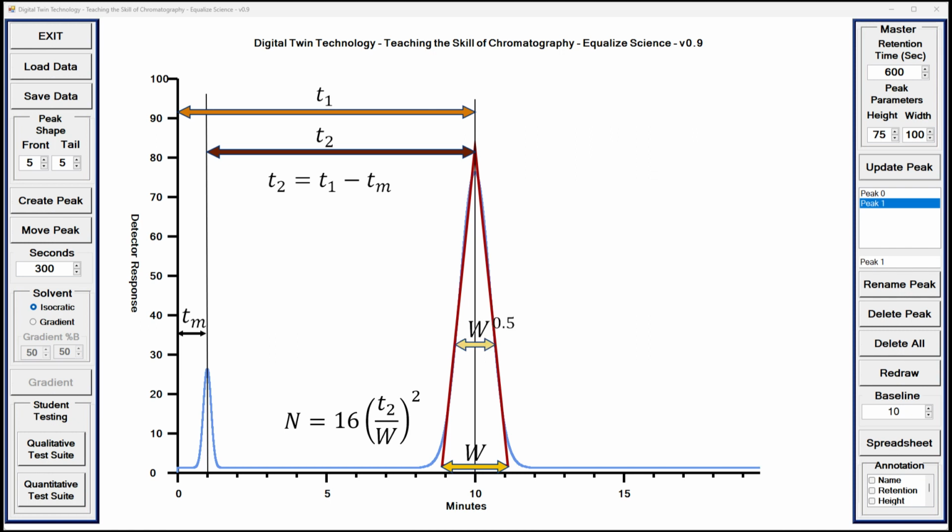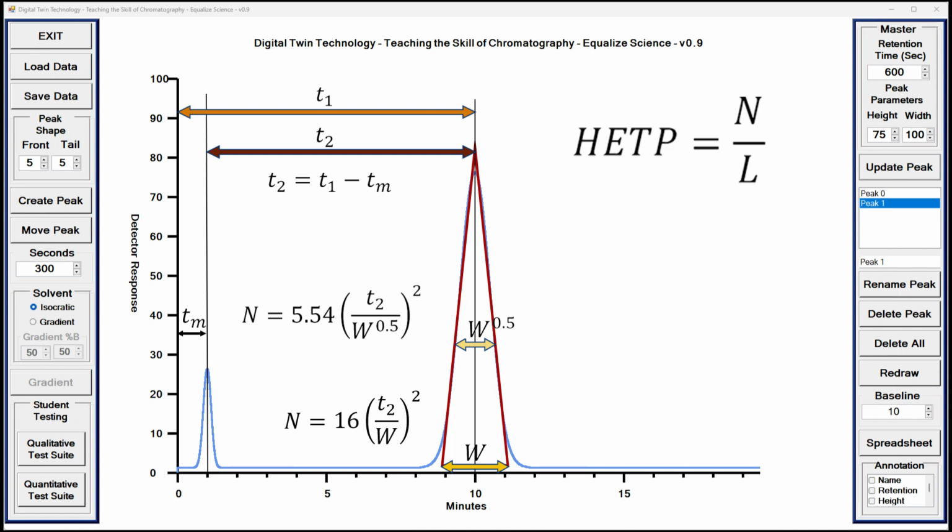If for some reason it isn't feasible to measure the peak width at the baseline, the peak width at the middle of the peak's height, W subscript 0.5, can be used in equation 2. Either of these equations results in n, or the number of theoretical plates on this column. As you can tell by the equations, the more narrow the peak, the larger the number of plates.